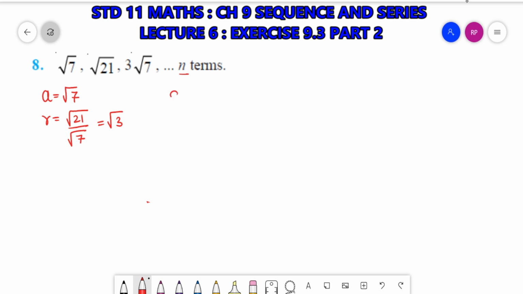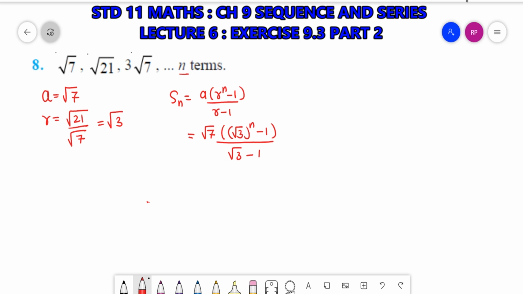Sn will be equal to a into r raised to n minus 1 upon r minus 1. A is the first term, root 7. R is root 3, raised to n minus 1 upon root 3 minus 1.